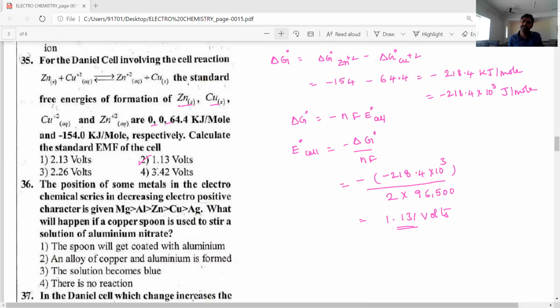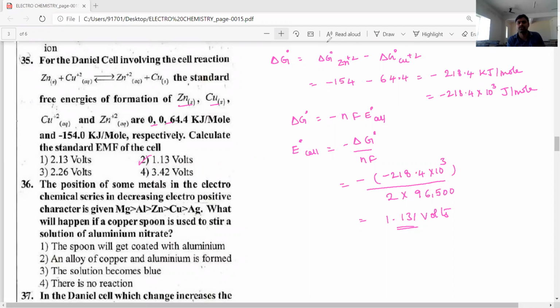Okay, so the main important thing here is that the electromotive force of the cell can be calculated by using delta G. What is the relation between delta G and the electromotive force of the cell? Delta G is equal to minus nFE cell. Here we need to calculate the delta G value in the chemical reaction.